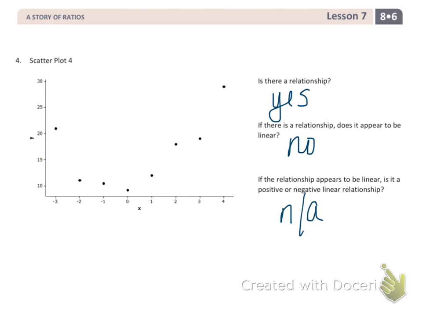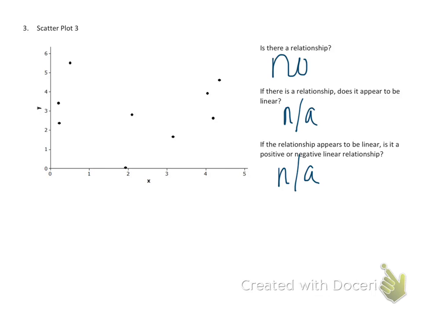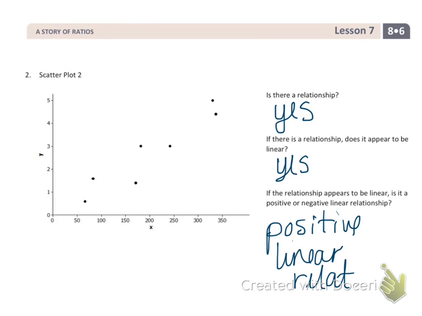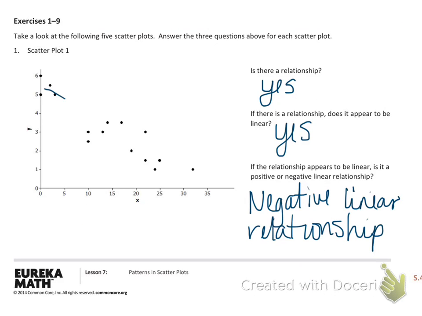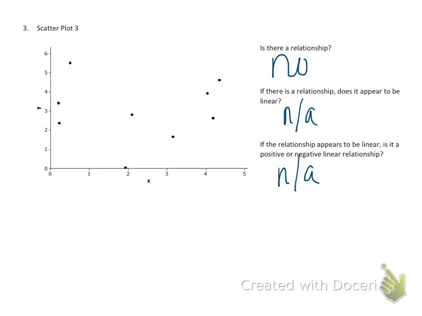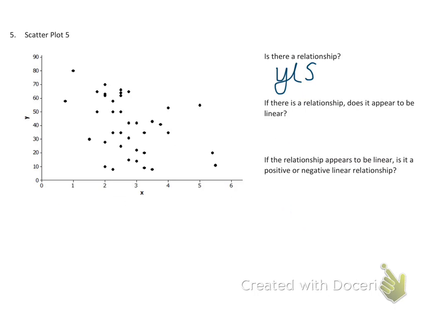But if we compared it to, for instance, this relationship or the first one, it doesn't appear to be as strong of a relationship. So we could say for number 5, there is a linear relationship, but it's weak.